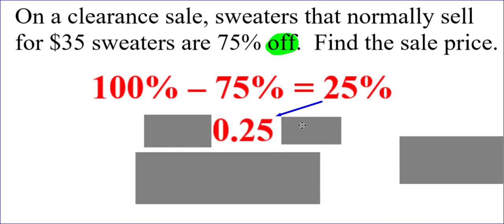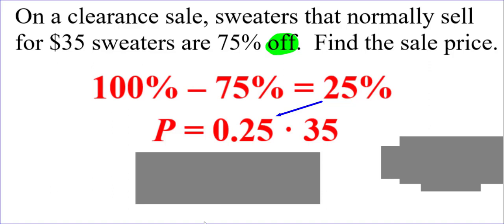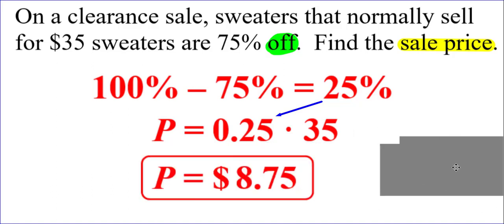Put that in decimal form, multiply it times the original cost that the sweaters normally sell for, and that will equal the unknown final price. Now, I know this problem didn't say final price. It said sale price, but sale price means the final price after the sale has been applied. So go ahead, use your calculator. This will give you $8.75.